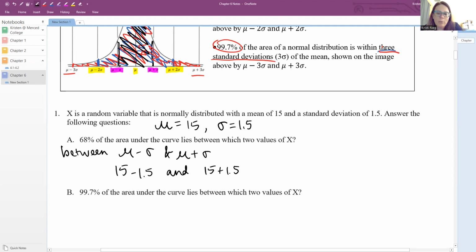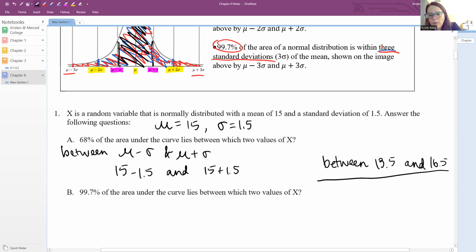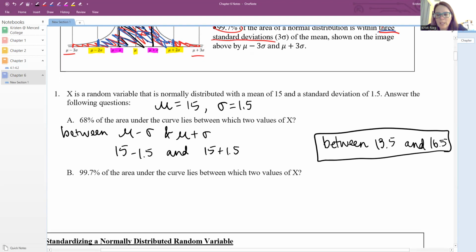I'll just write these off to the side because I'm running out of space. Calculating both of those, 15 minus 1.5 and 15 plus 1.5, it's between 13.5 and 16.5.